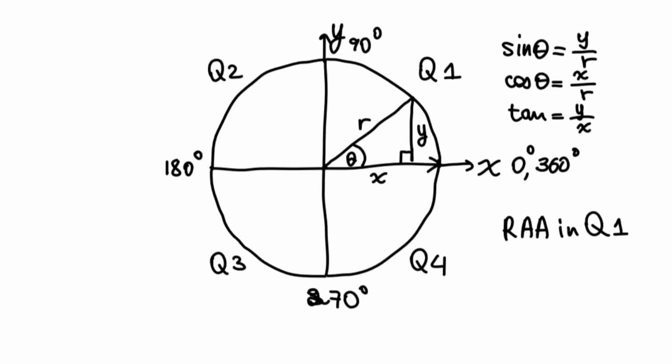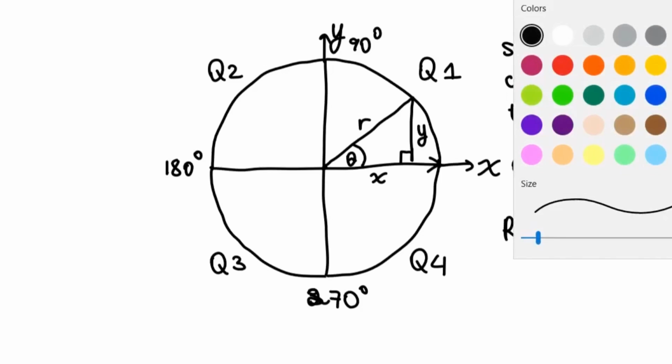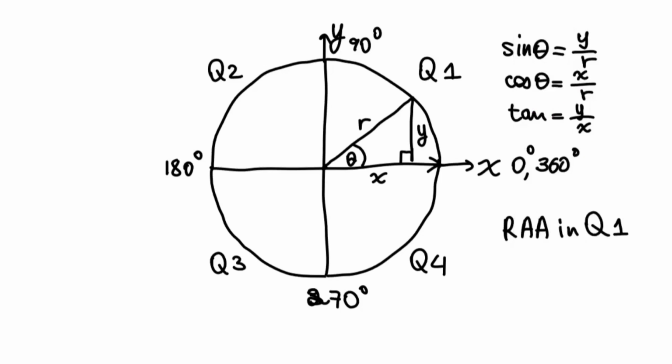Why is it called a related acute angle? Because I can translate that angle to any other quadrant. For example, if I create a reflection of that same triangle here, then the angle at the center, at the origin here, is still theta.